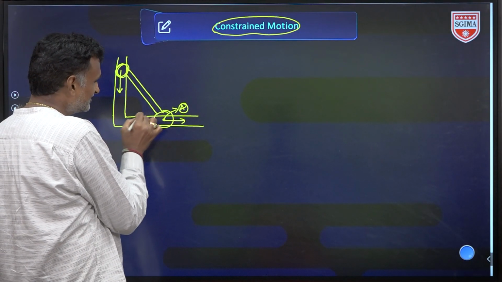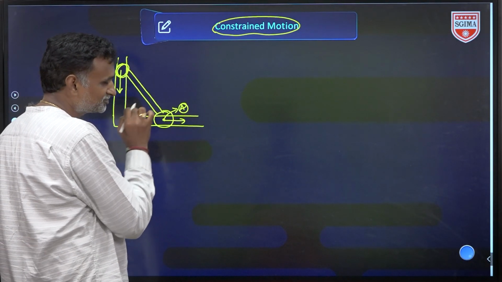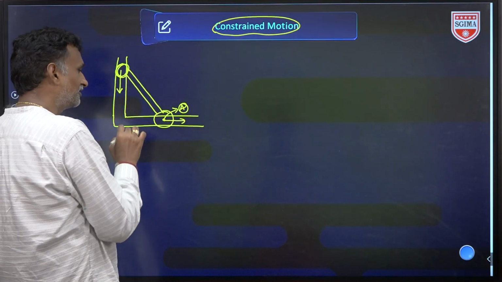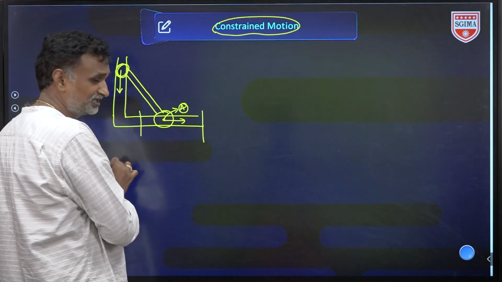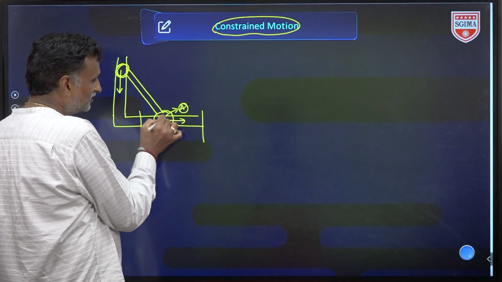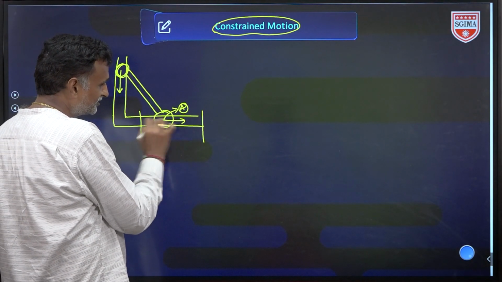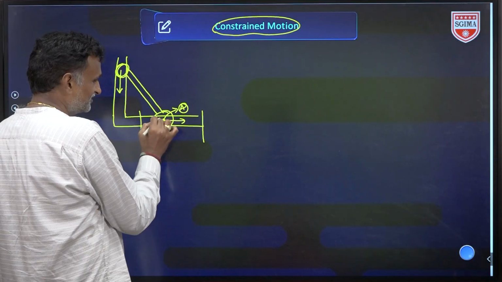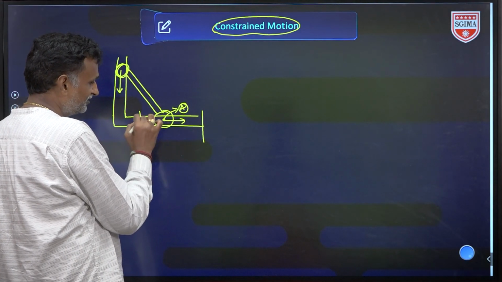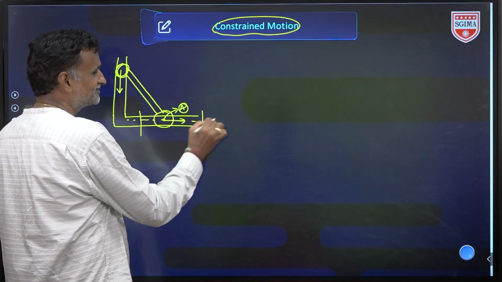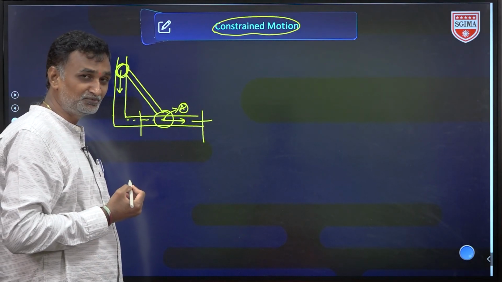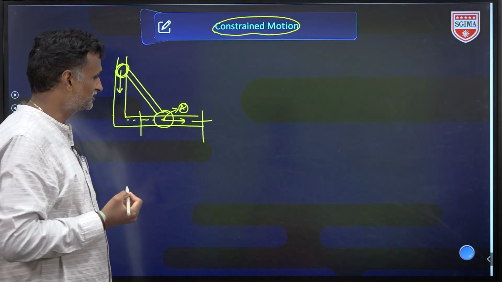A is restricted to move along the horizontal track itself. From here to here, you can see it is not allowed to move other than this path. If it is allowed to move freely, it definitely moves along this path. Such a motion is called constrained motion.